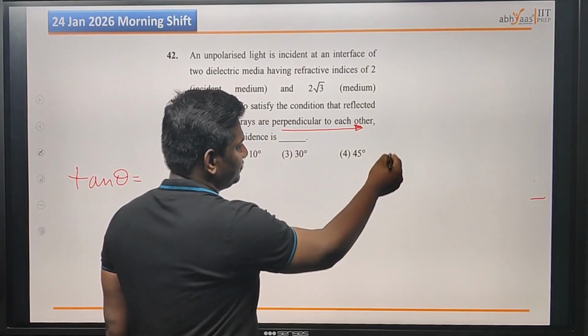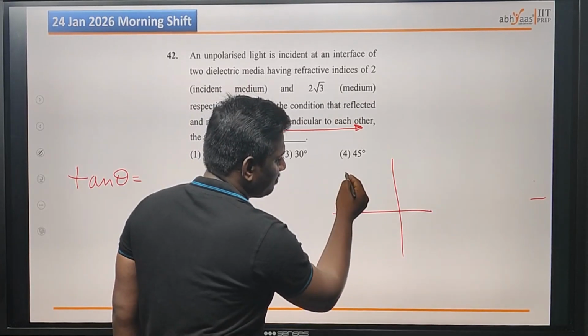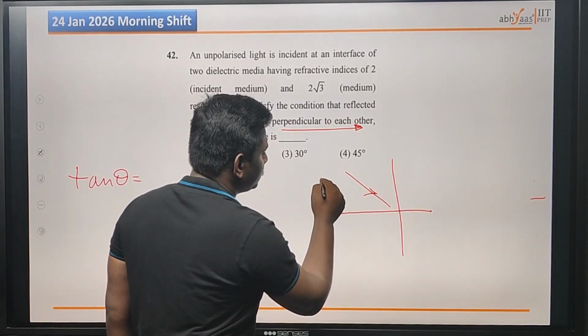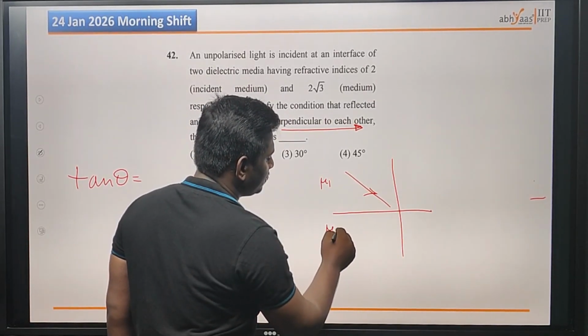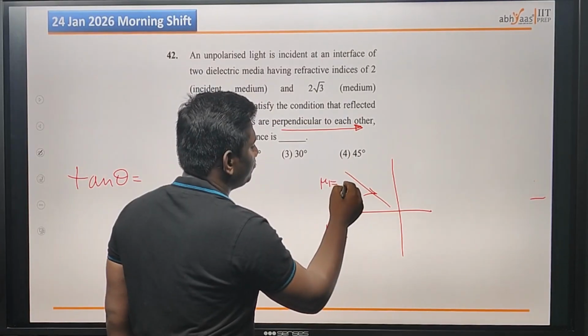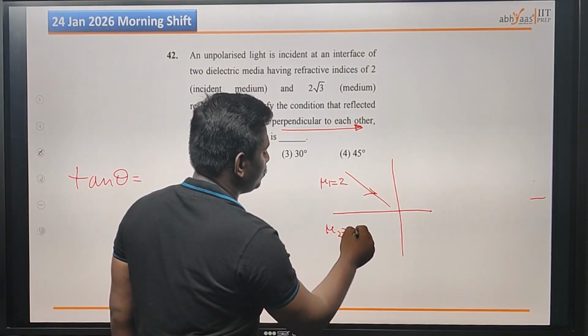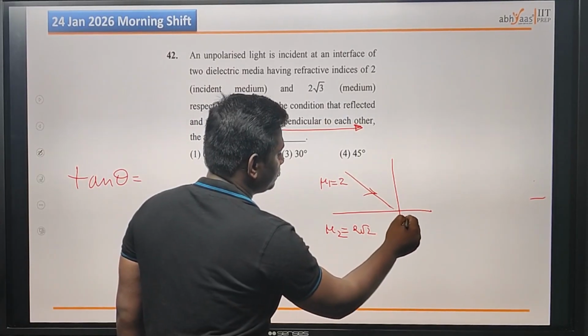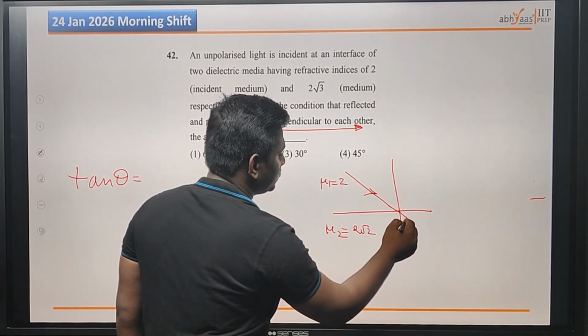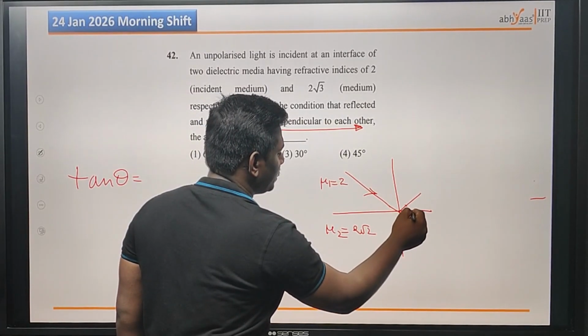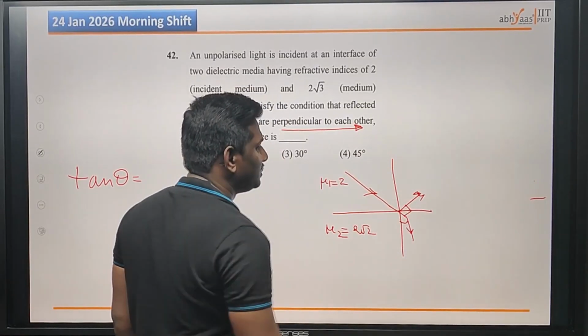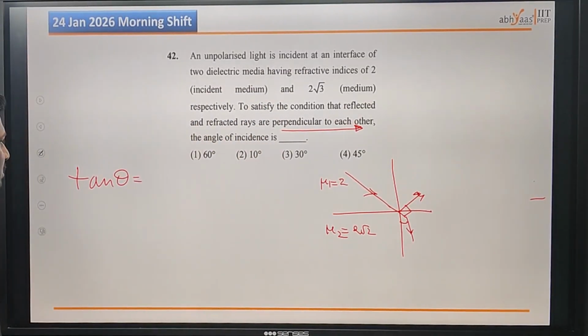This is our condition. One unpolarized light. This is our mu1, mu2. What is mu1? Mu1 is 2 and this is our mu2. This is our reflected and refracted rays at 90 degrees. This is the condition for Brewster's law.